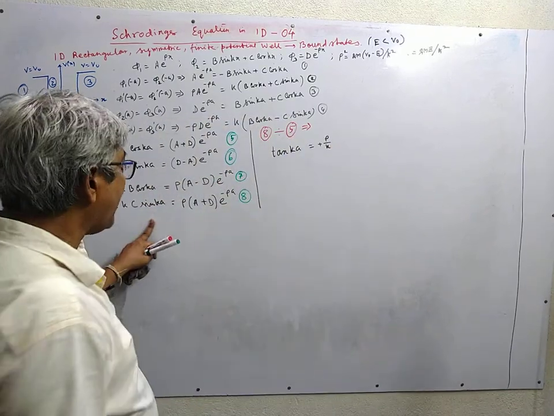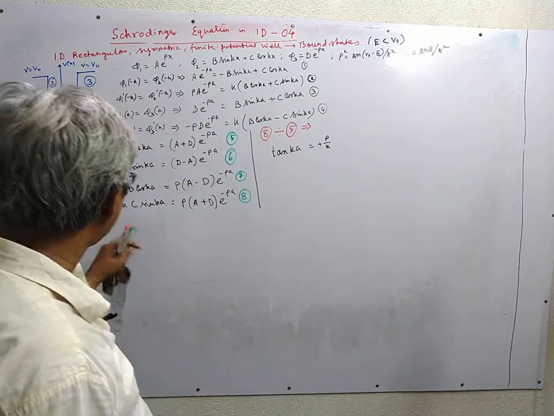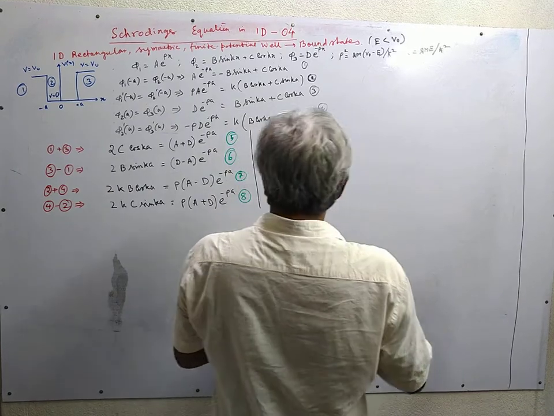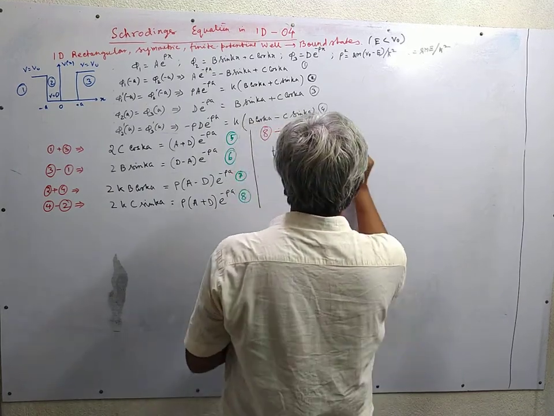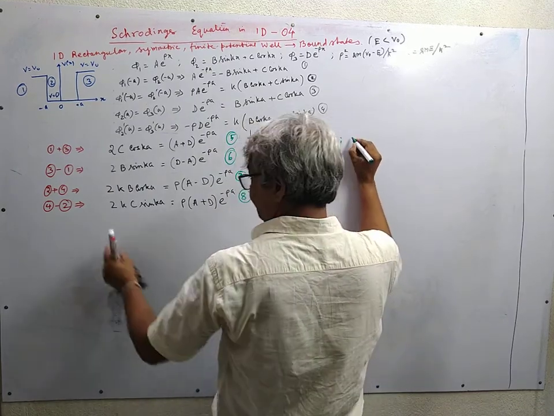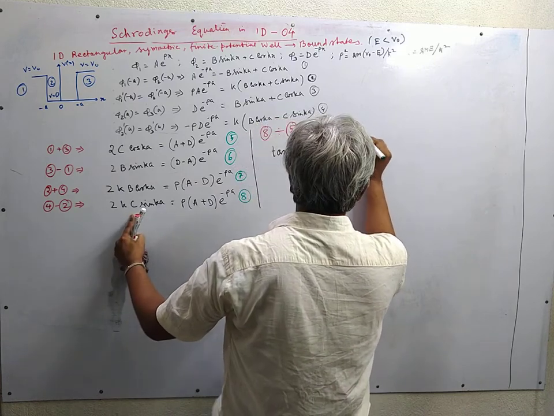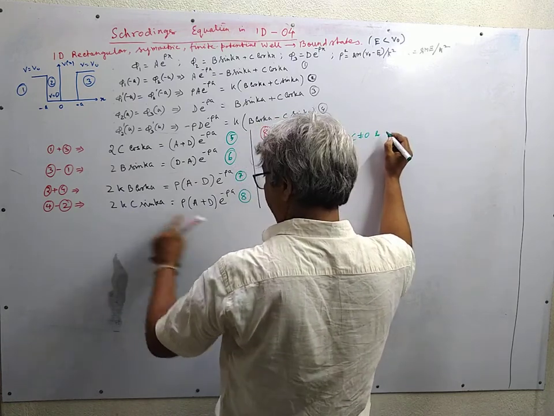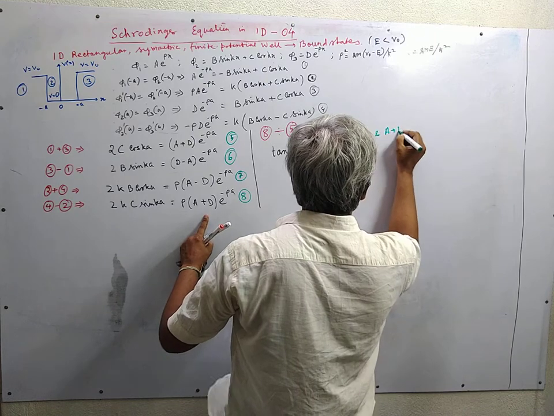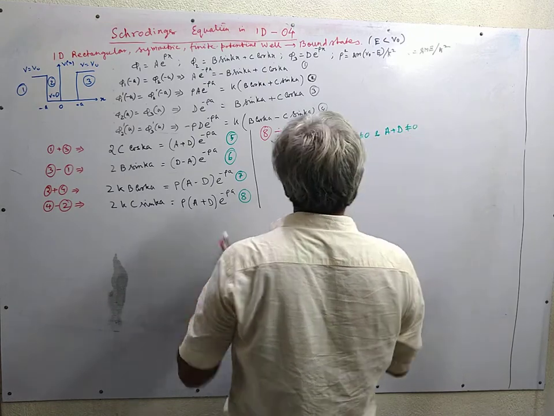Here, when we divide, the assumptions underlying are that c is not equal to 0 and a plus d is not equal to 0. This is our assumption.